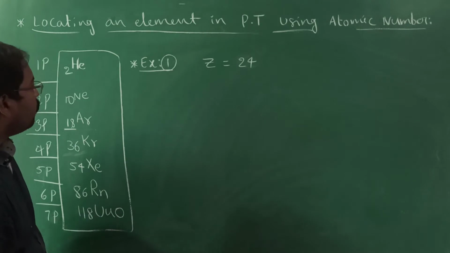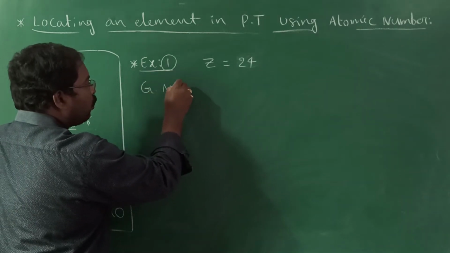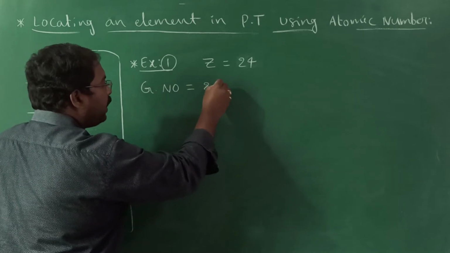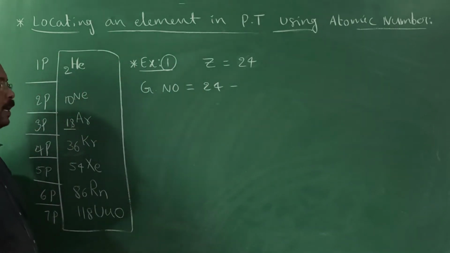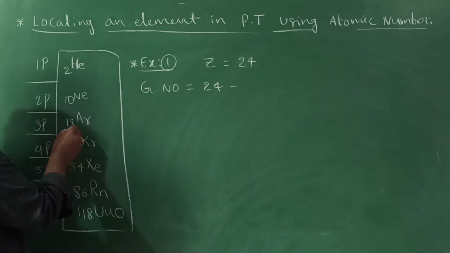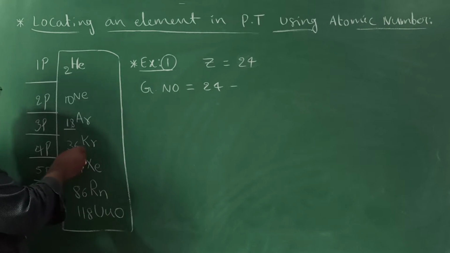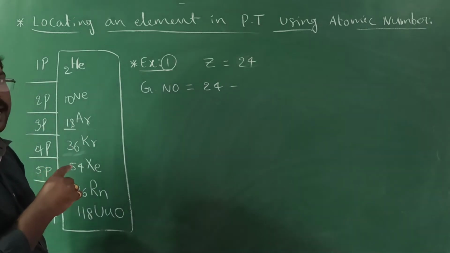Now, how to find the group number? The group number is equal to the atomic number minus the nearest noble gas atomic number. Nearest to 24, we have 18 and 36. Which one do we take?